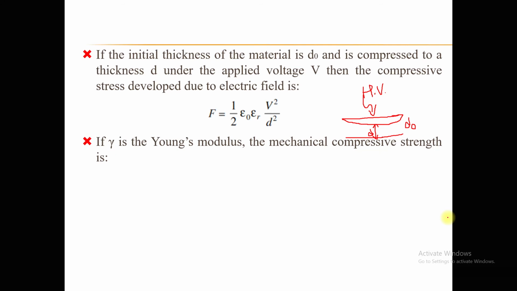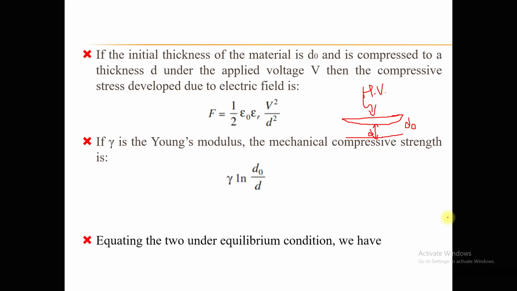Now, as we know, materials have the Young's modulus, the modulus of elasticity. So if we consider the Young's modulus, then the mechanical compressive strength is given by gamma times ln d0 upon d.